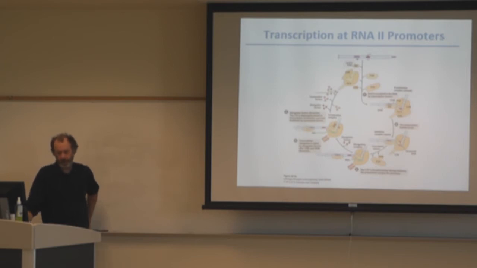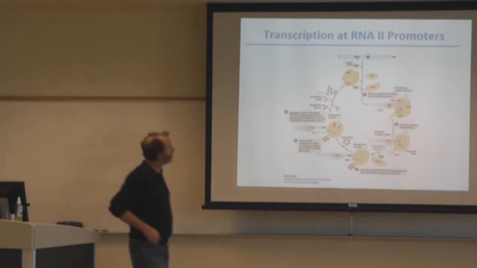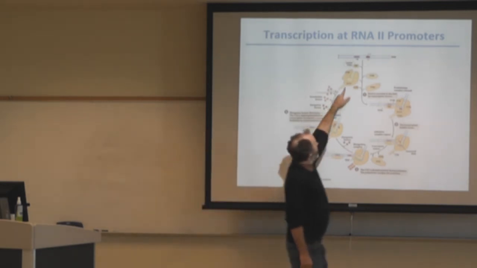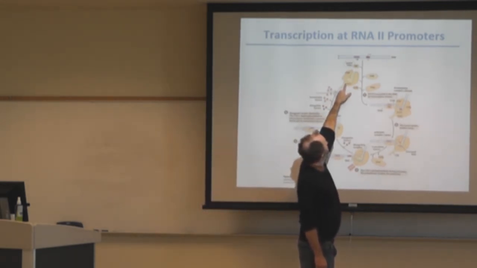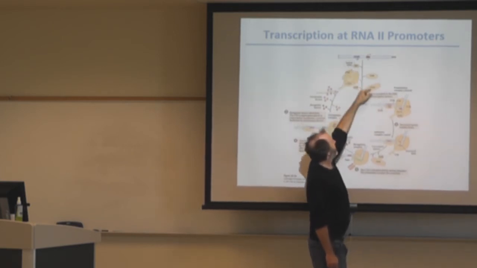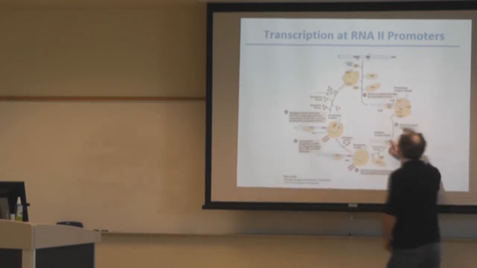This just shows you basically transcription at the top, at the promoters. So here you have RNA pol 2, transcription factor 2F, transcription factor 2A, and transcription binding factors.